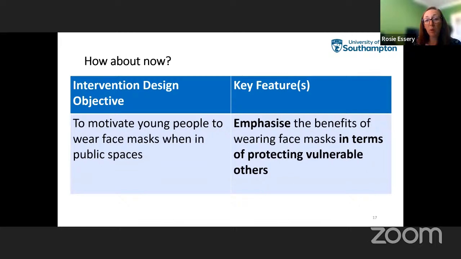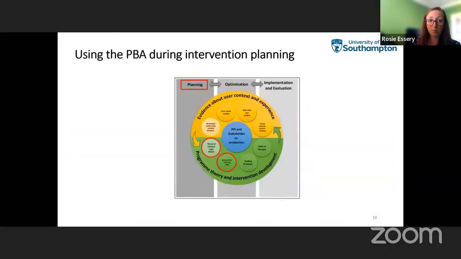So we know that promoting the benefits of mask wearing for protecting themselves may not be that persuasive for young people, but by focusing on the benefits for other people, that's likely to be far more persuasive amongst this group. So having made these further tweaks, we now have a relatively good example of a guiding principle. Hopefully that demonstrates how really understanding your target user group is vital for developing good guiding principles.